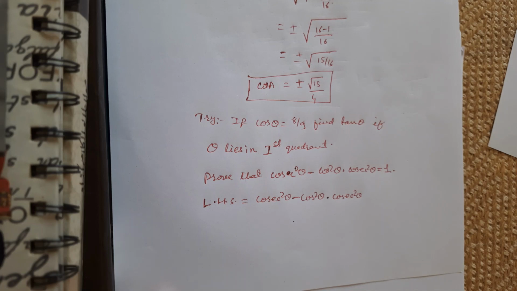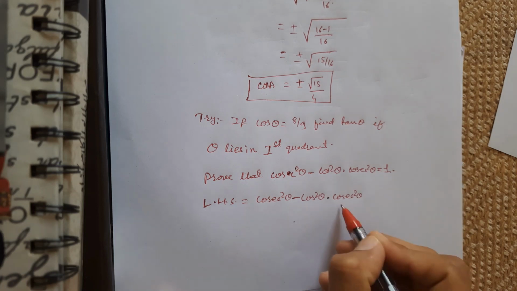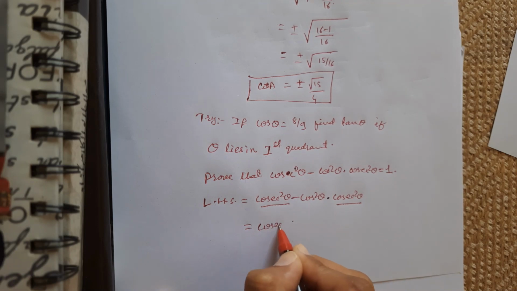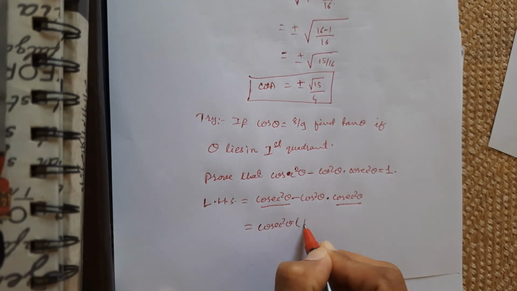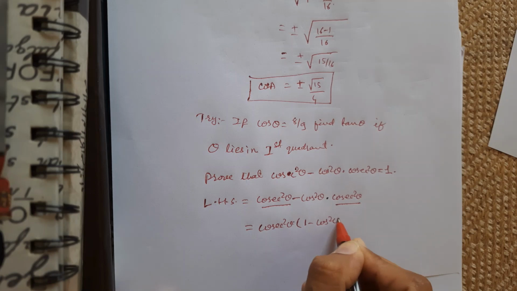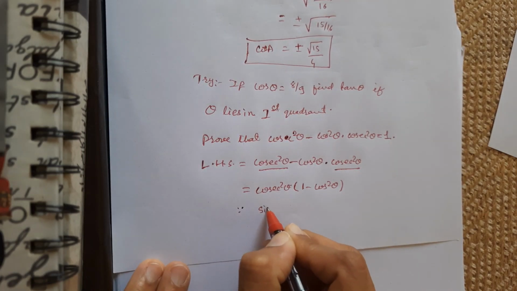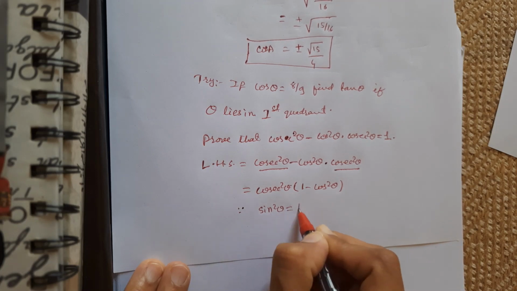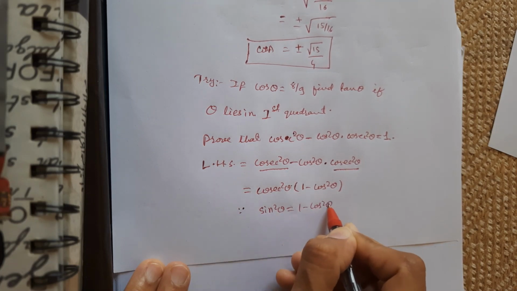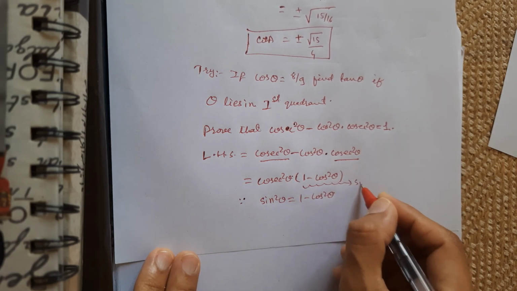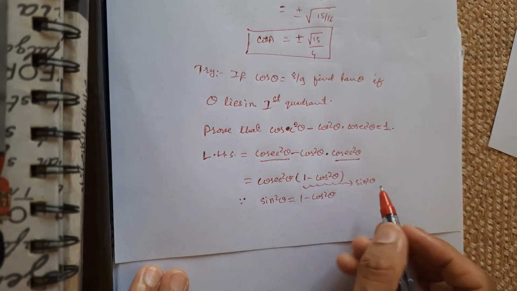So I'm taking cosec square theta common. Cosec square theta into 1 minus cos square theta, but since I know that sin square theta is nothing but 1 minus cos square theta, I am substituting this value as sin square theta.